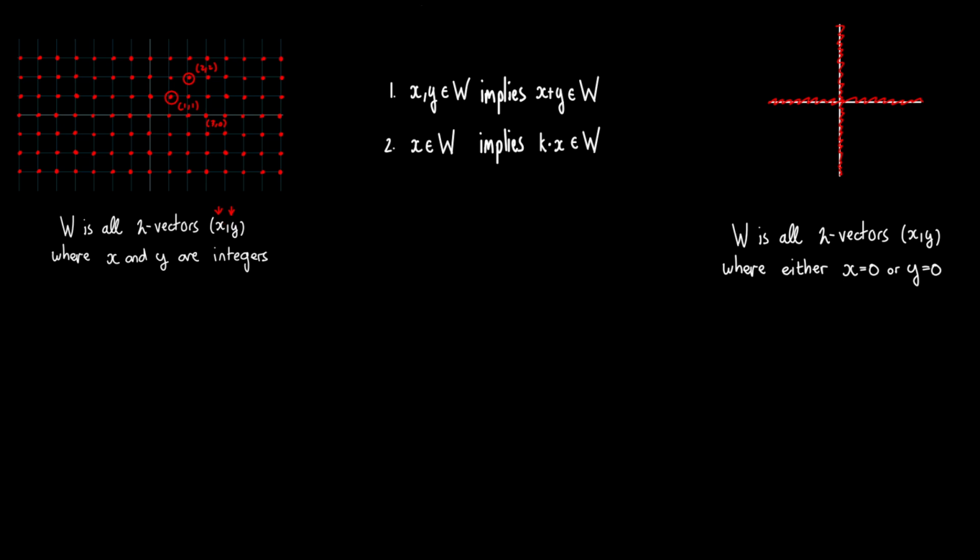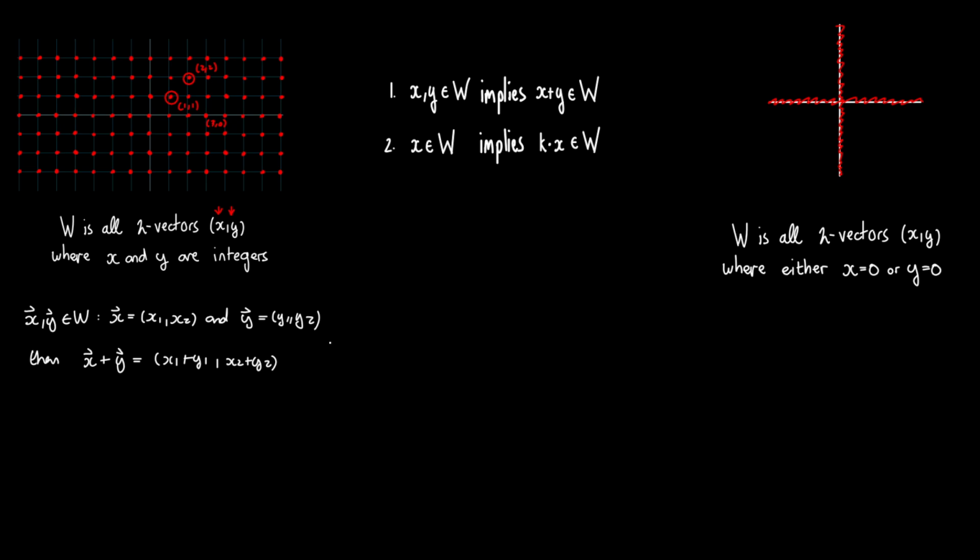Now, if I take two such vectors, x and y in W, where x is equal to (x1, x2) and y is equal to (y1, y2), then when we add them, we just get the vector (x1 plus y1, x2 plus y2).